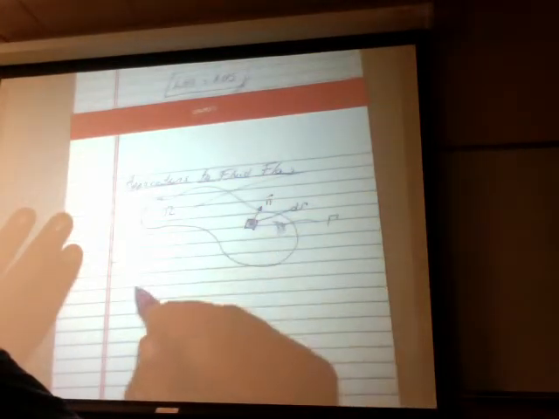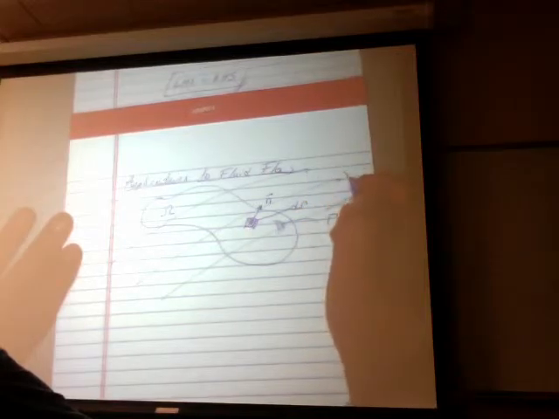That normal vector is going to define the normal direction out of the domain. And let's say that I have a fluid flow passing by. So this is a fluid flow with velocity v. And that velocity v is a vector field that is a function of x, y, and z. It can also be a function of time.